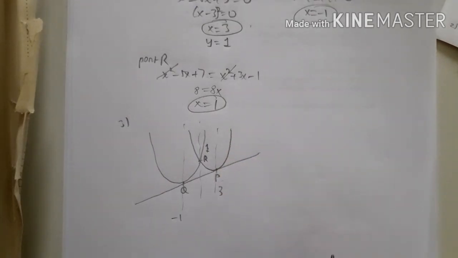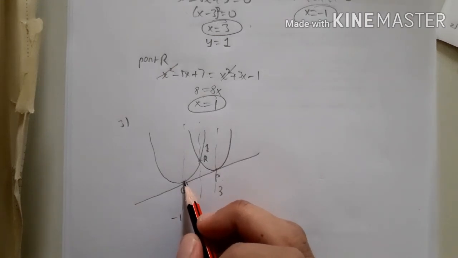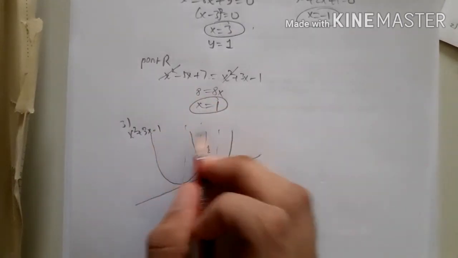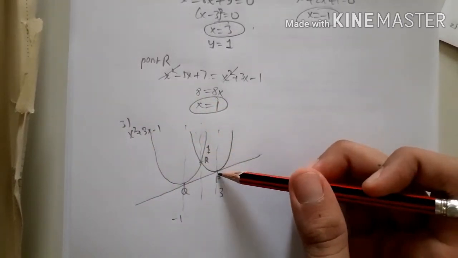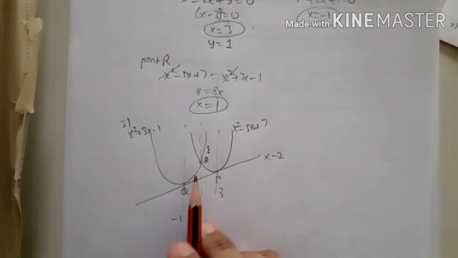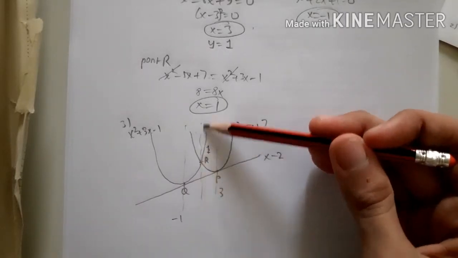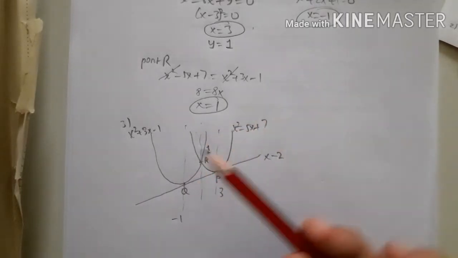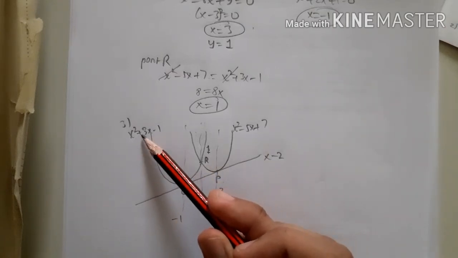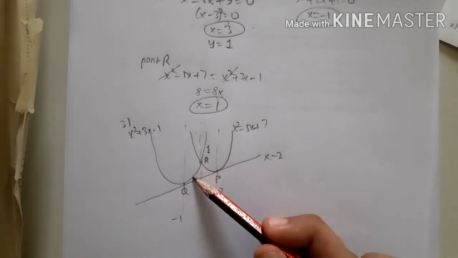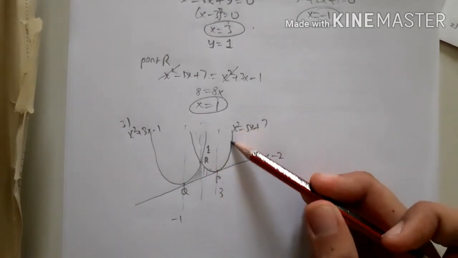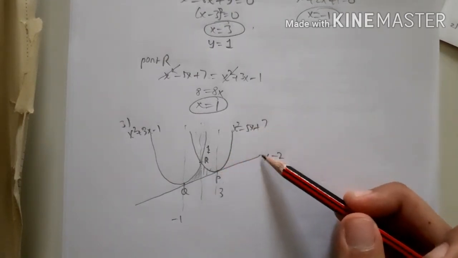Now point Q relates to this parabola, x squared plus 3x minus 1. The point P is related to the other parabola, and this is just the line. The point of intersection R divides the area between the parabola x squared plus 3x minus 1 and the line x minus 2, from the area between the parabola x squared minus 5x plus 7 and the line x minus 2.